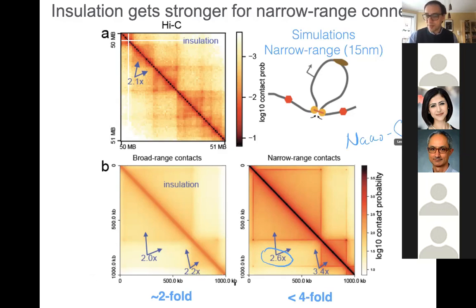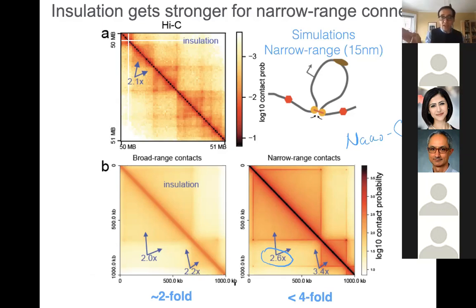We call this very narrow range contacts nano-C. It's a non-existent method at this moment. But still insulation is relatively weak. It can get stronger at places, but still not considerably stronger. So it does not really answer our question. So how can we live without strong insulation of enhancers?